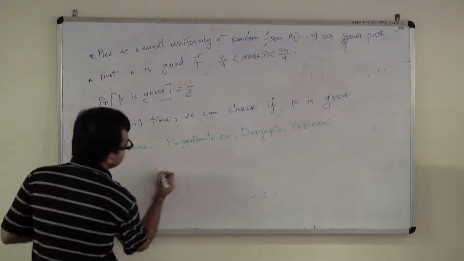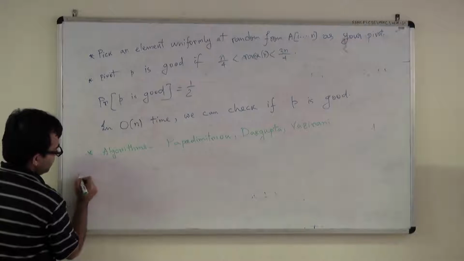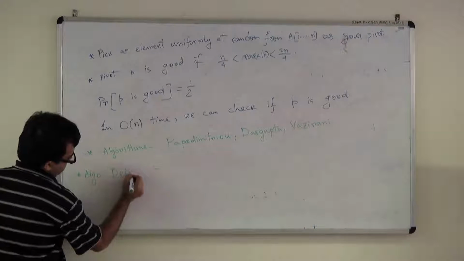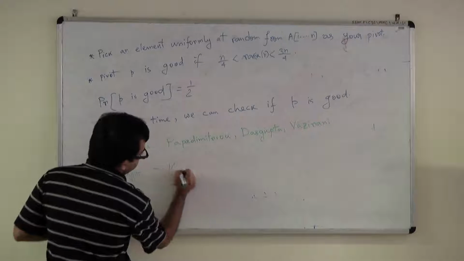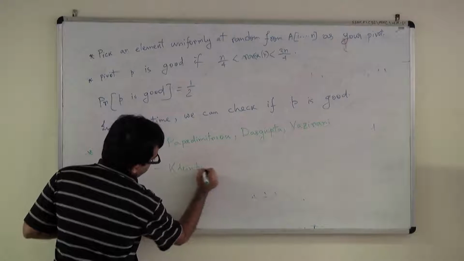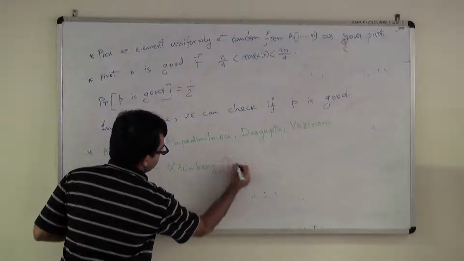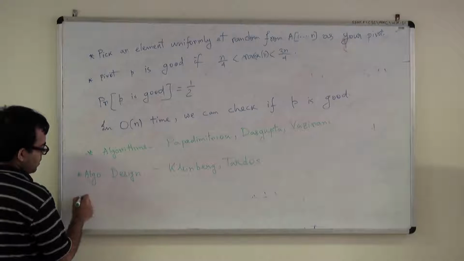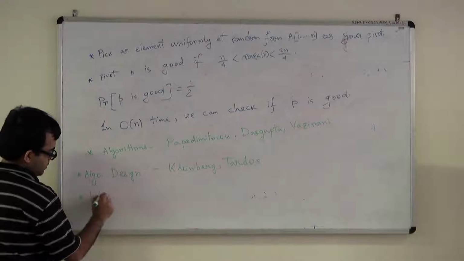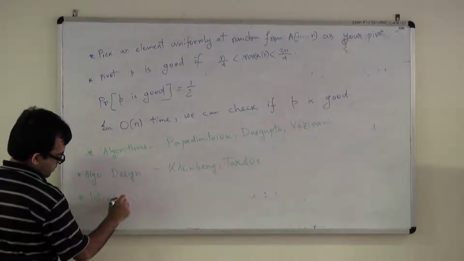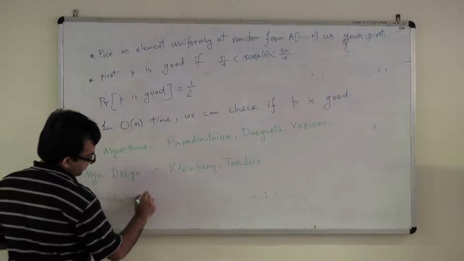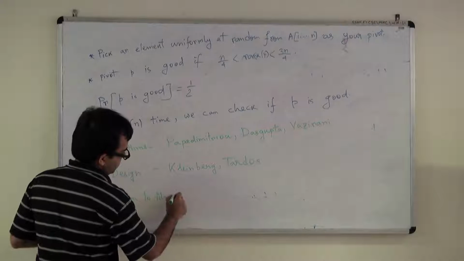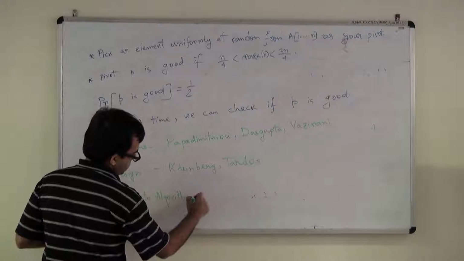And then there is one other book, again, I think this one is called Algorithm Design, by Kleinberg and Tardos. And finally, Introduction to Algorithms. The names of the books might be slightly off, so just check. It's important to note the names of the authors.